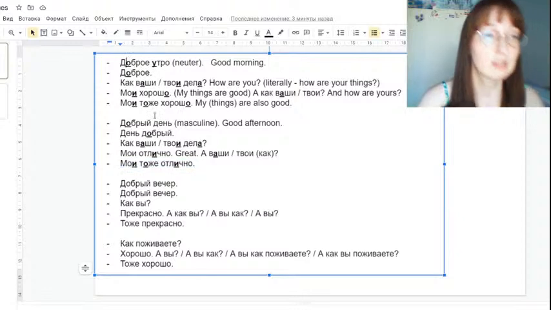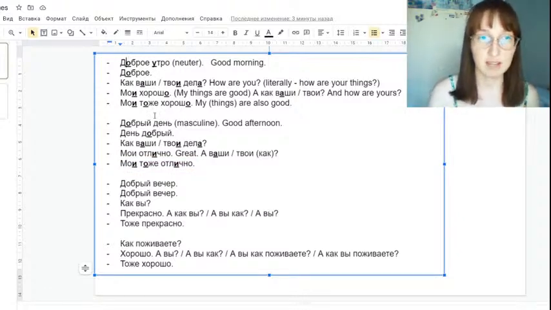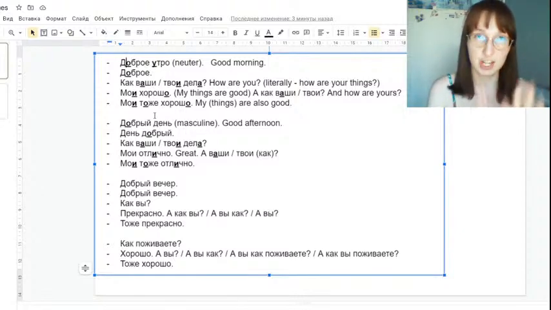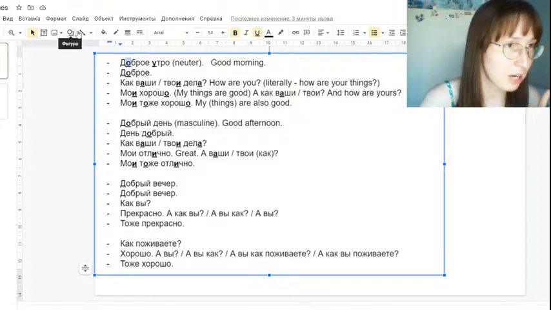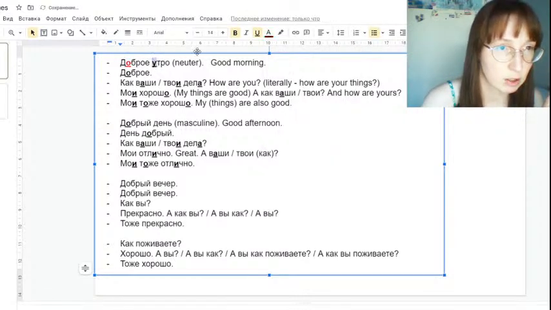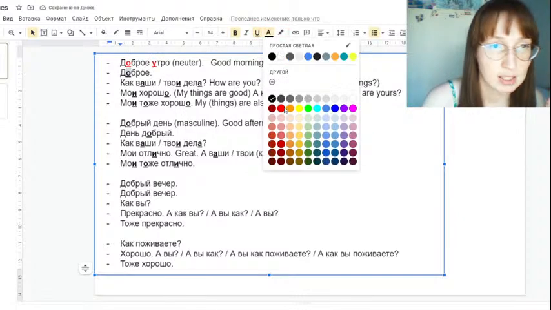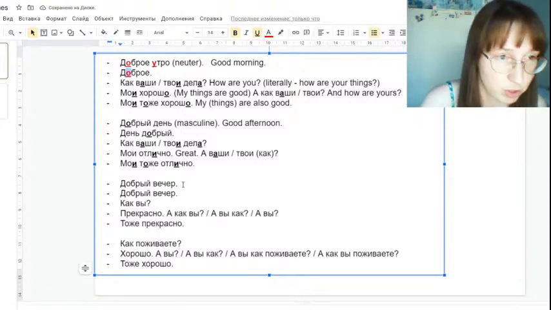Well, I won't change the color right now, okay? Later, I will change the letters color to the red. Okay, maybe I will do it now. Let me see if it's gonna be fast. Okay, доброе утро, доброе. No, it will take a long time, so later.